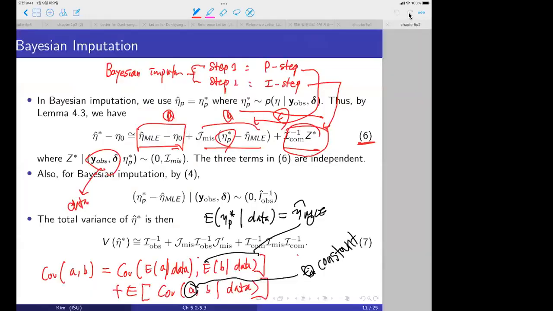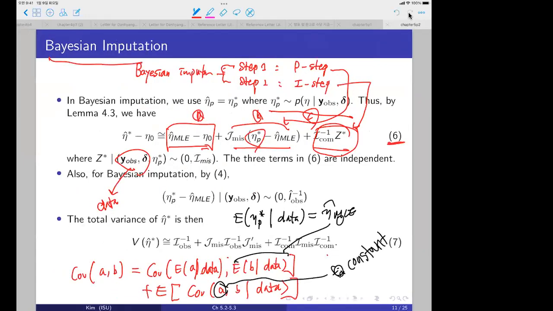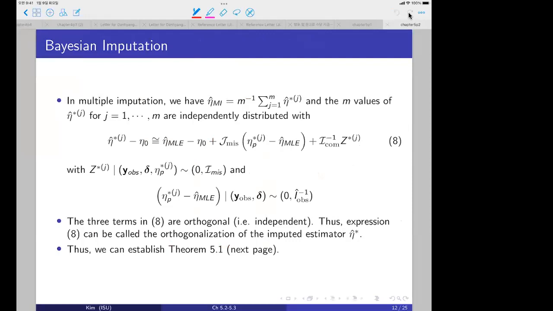Previously this was just a Bayesian imputation for a single draw. Now we have multiple draws. In multiple imputation we have m draws, so we can write it this way. You can still get the same three decompositions A, B, C and obtain independence, but you average over the m draws.